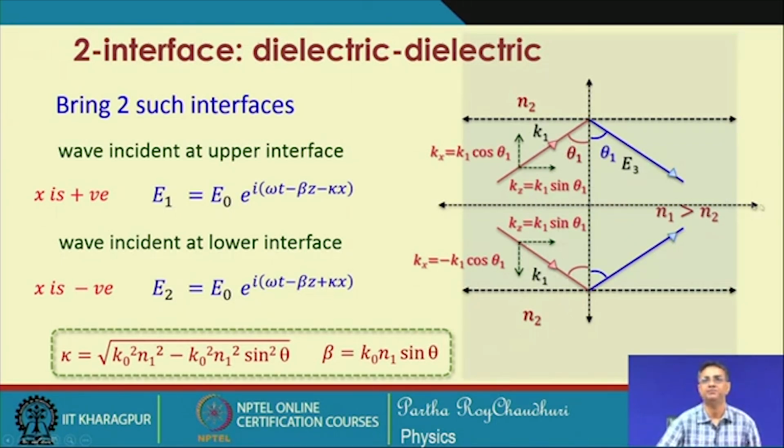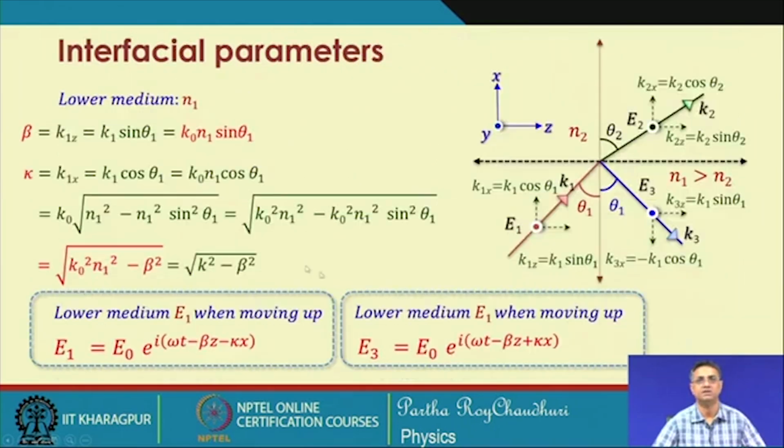So I place my coordinate axis along the axis, and if the reflection takes place here, I can write E 1 for the wave incident at the upper interface, and for the wave incident at the lower interface I can write this equation. We have seen this just now.